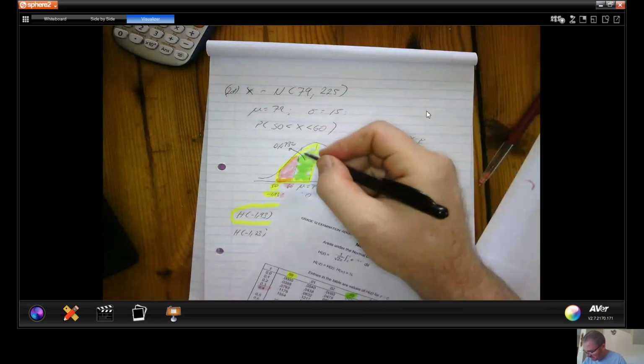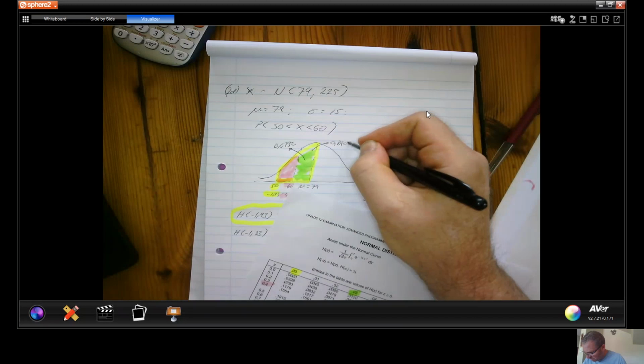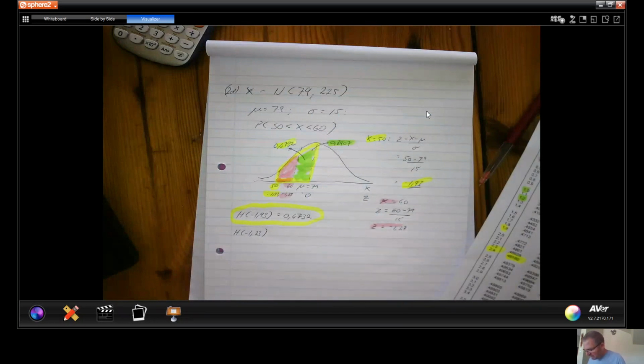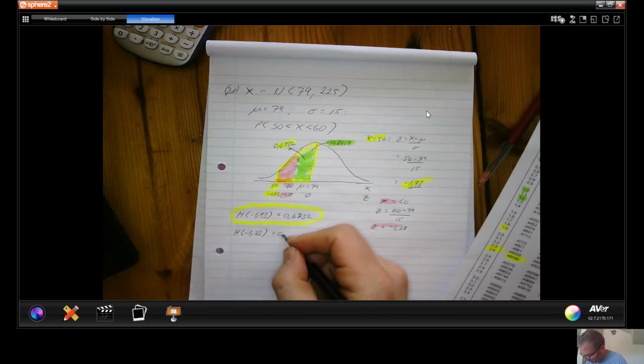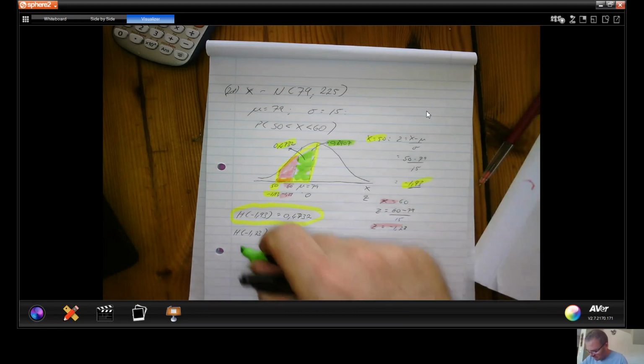So the green area is 0,3907. That was the yellow area. The area can't be negative, so that's equal to that.